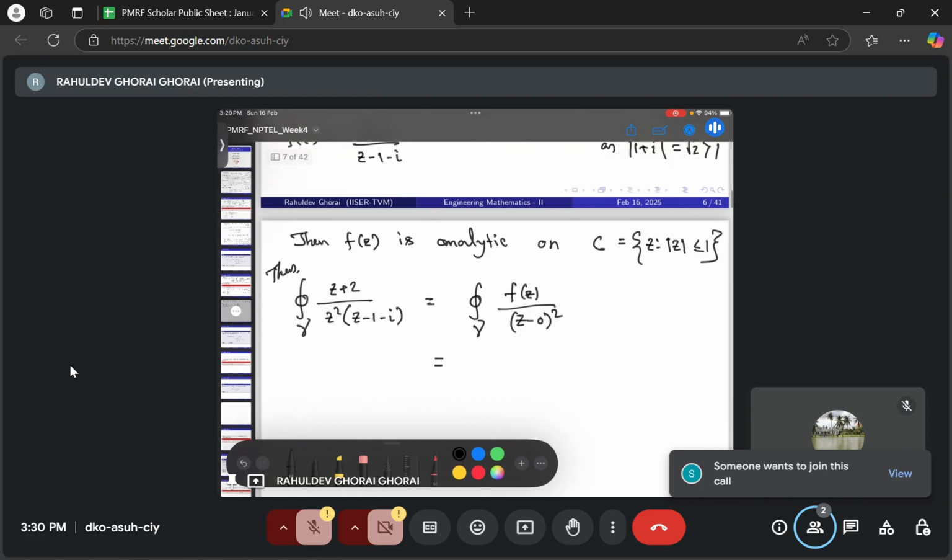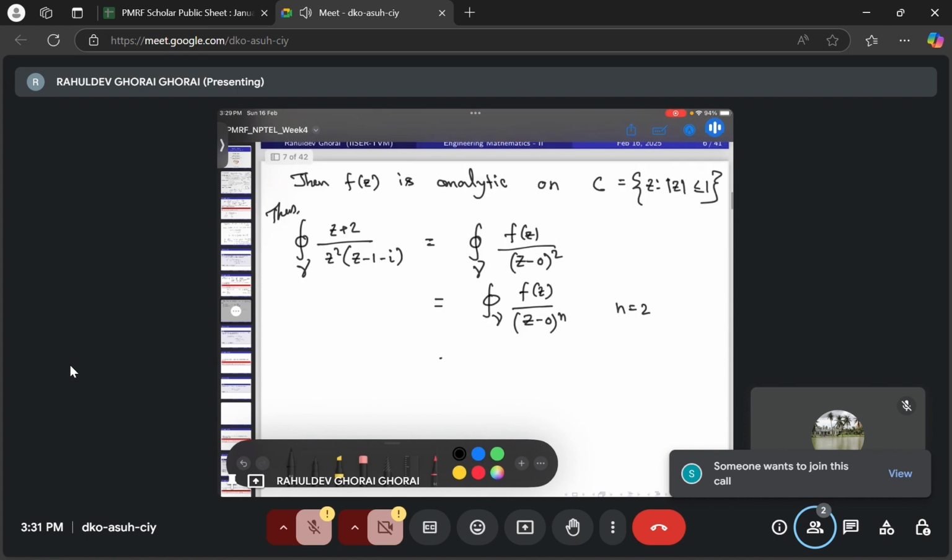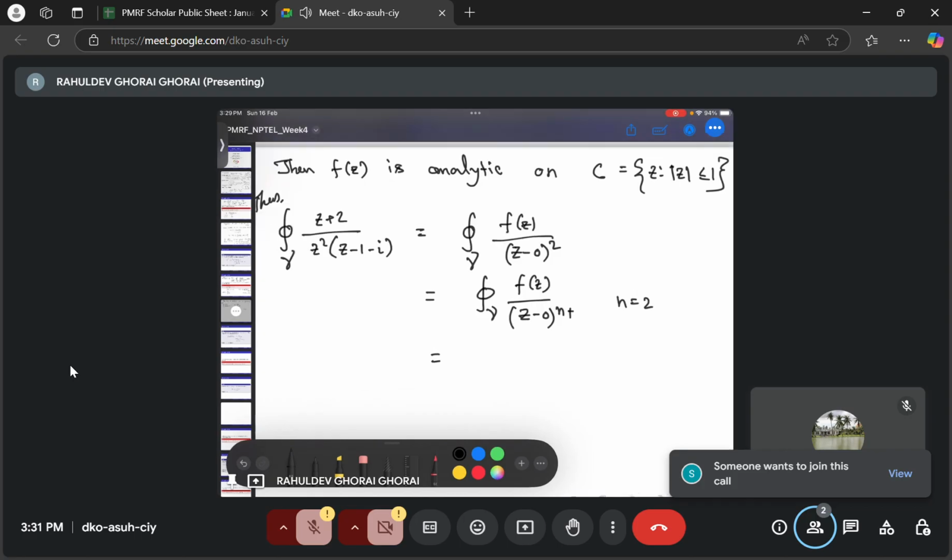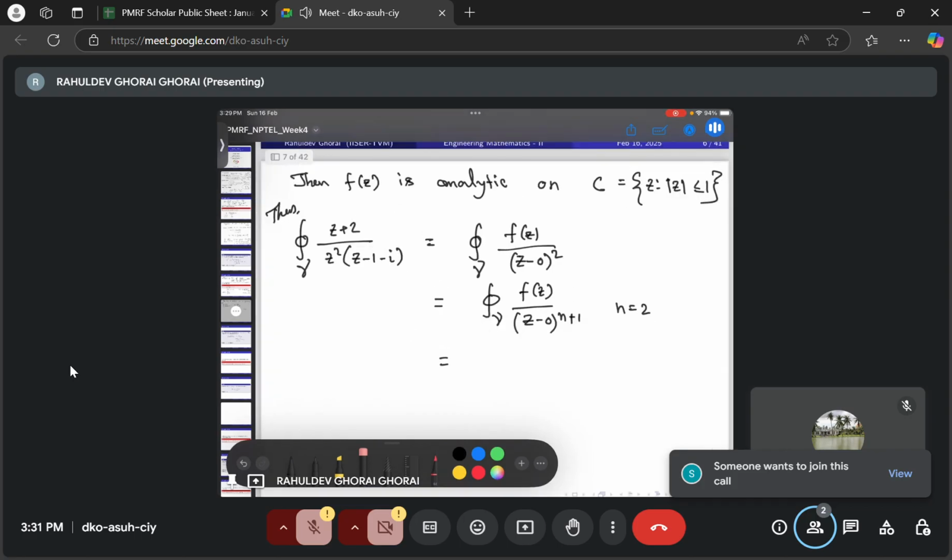Now this is nothing but the integral over gamma of f(z) over (z minus 0) to the power n plus 1 with n equal to 1.